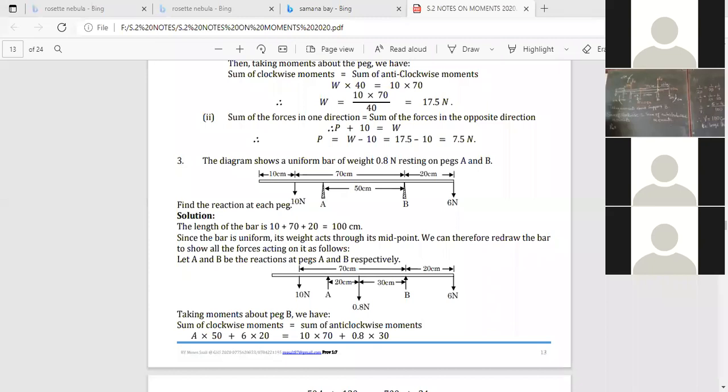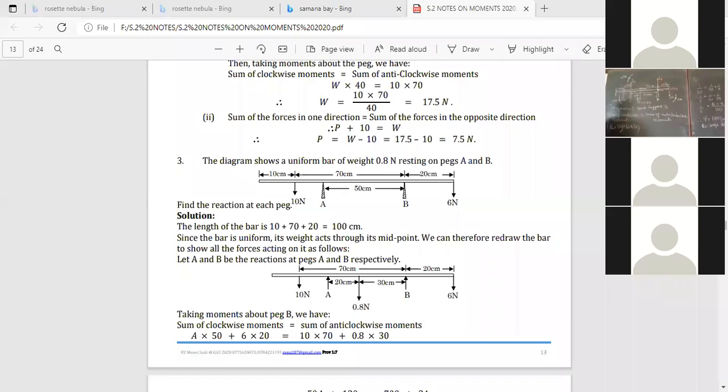Thank you very much. Then what is our next anti-clockwise moment? 6 Newtons. How far is it from the pivot? 6 Newtons times 20 centimeters. So we have that.